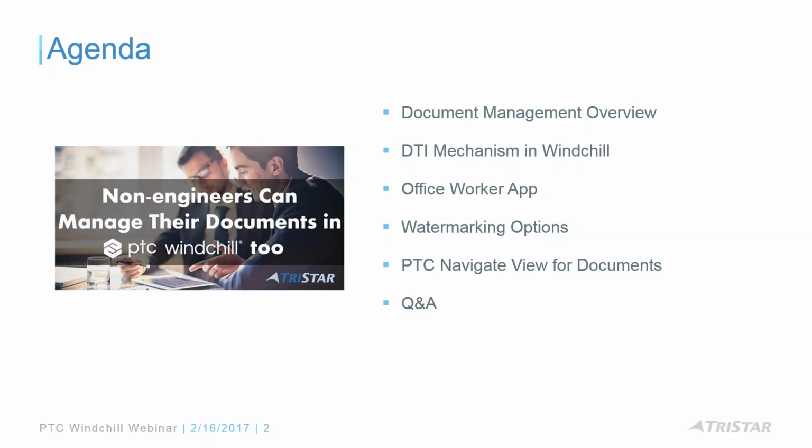documents in Windchill. So we'll go through a bit of an overview. We'll talk about the desktop integration plugin that just allows the users to very easily upload and download documents from within Windchill to enable really a document management system.